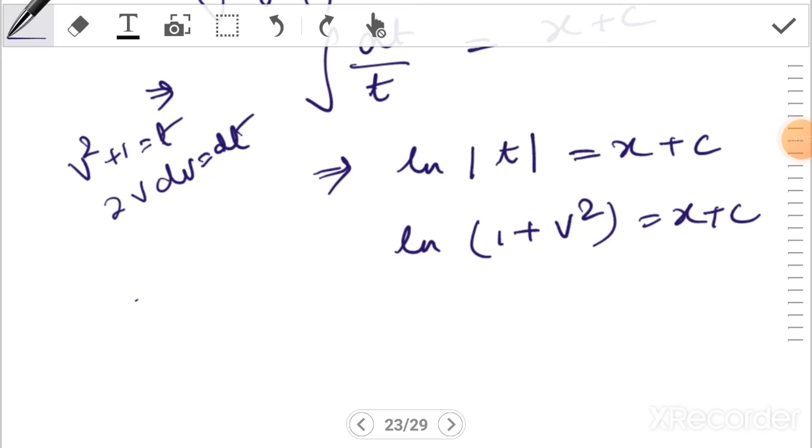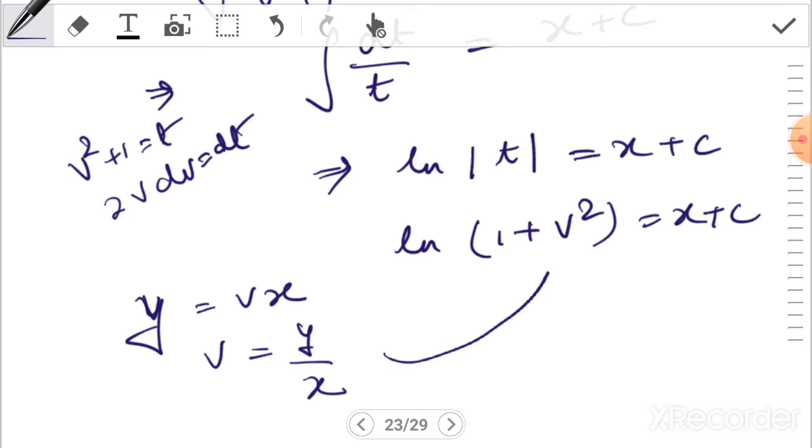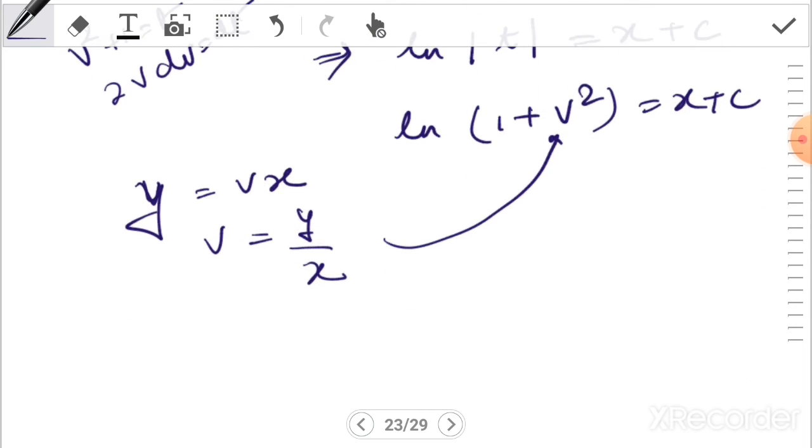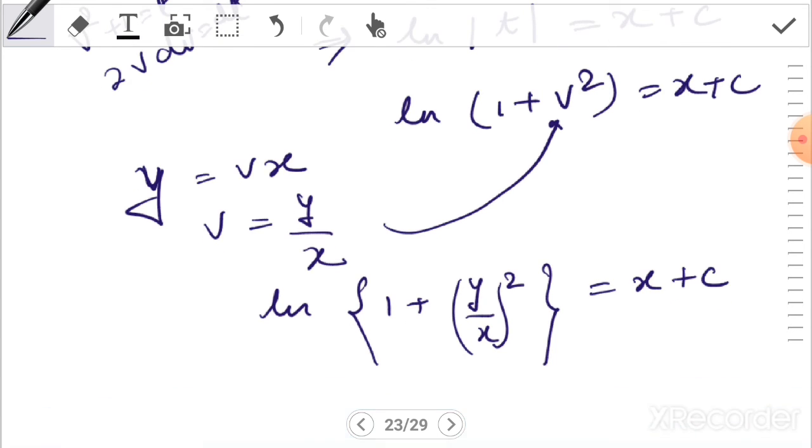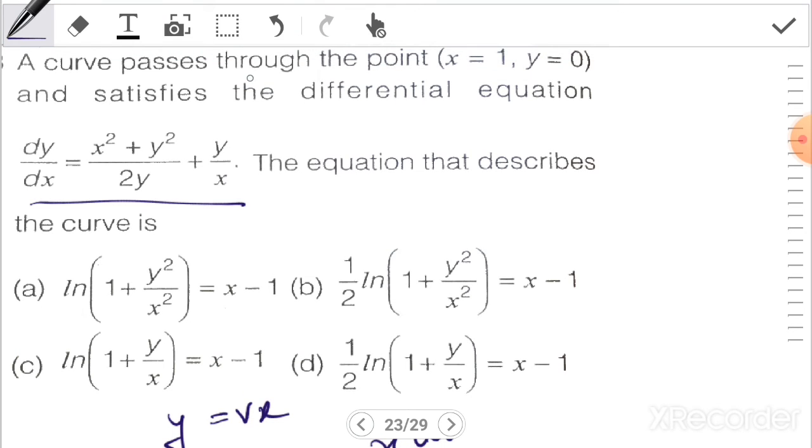And we had assumed y is equal to vx, then v is equal to y by x. So putting v is equal to y by x in this equation, we have log (1 plus (y by x) whole square) is equal to x plus c, and this curve passes through the point x is equal to 1 and y is equal to 0.